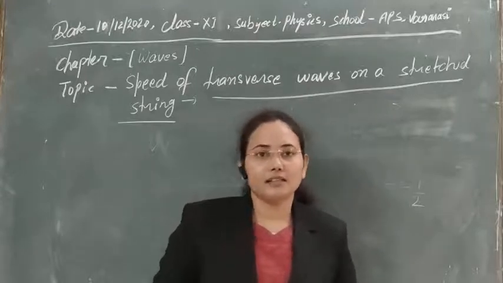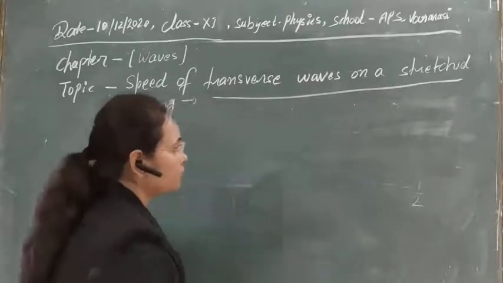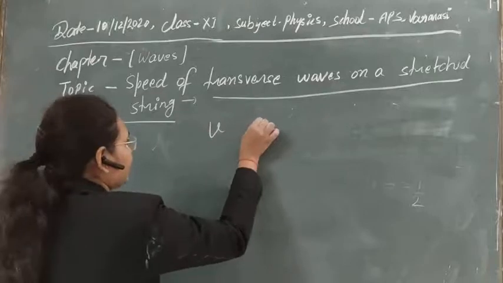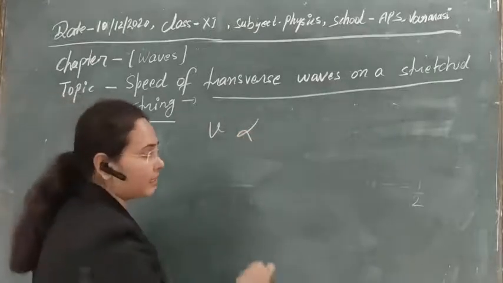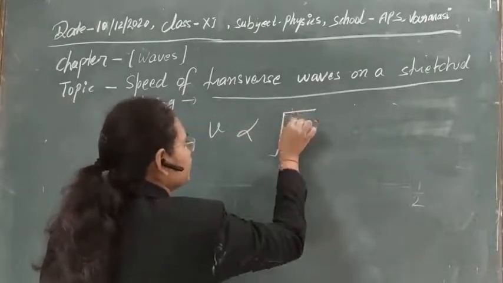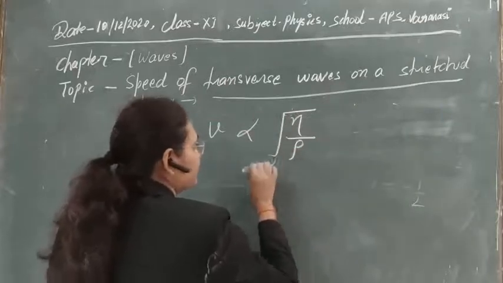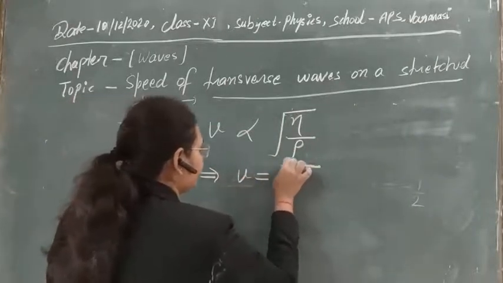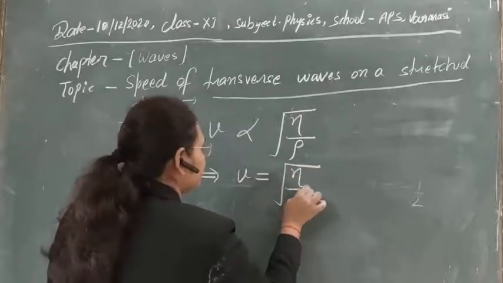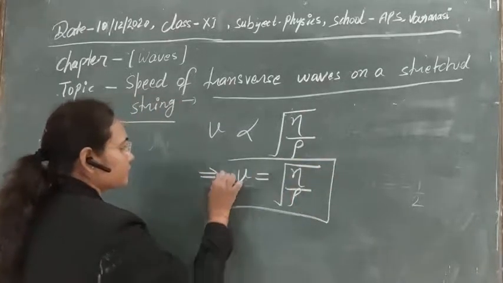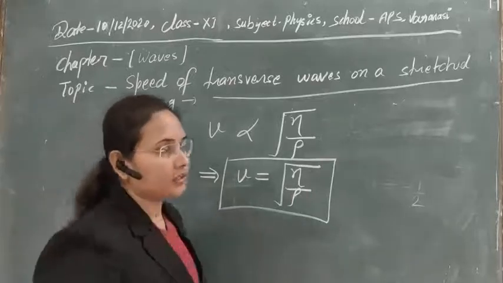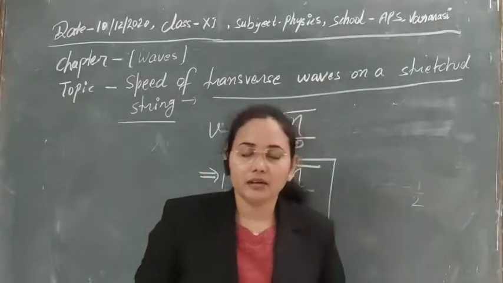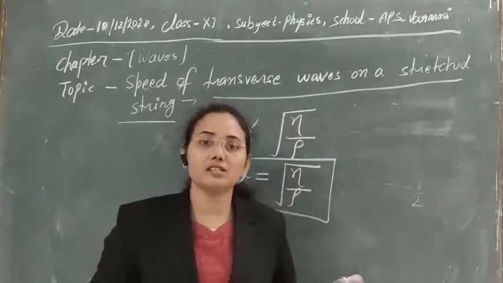On these two factors it is dependent, and if you solve it, then you can obtain V is directly proportional to the square root of eta by rho, or here the proportionality constant you can take as 1, so V equals the square root of eta by rho. So this value is obtained for the production of a transverse wave in case of solids.